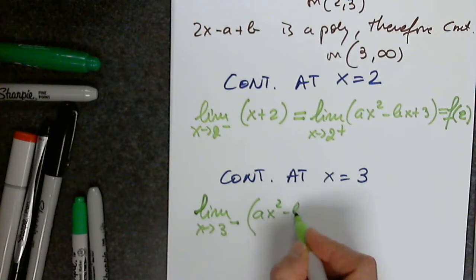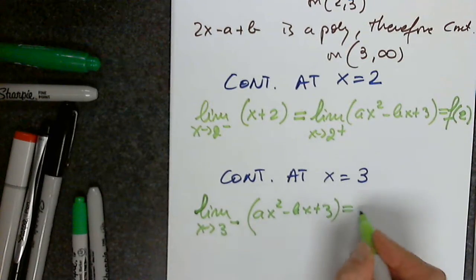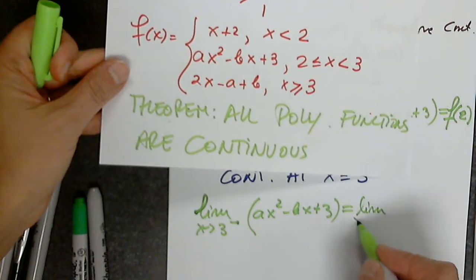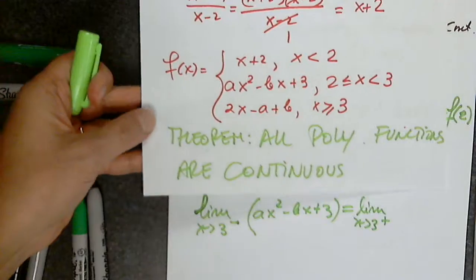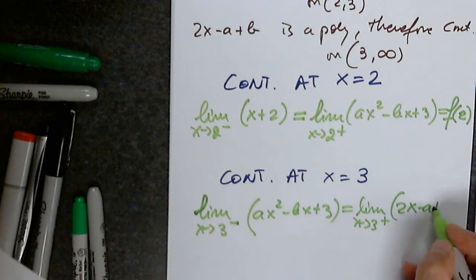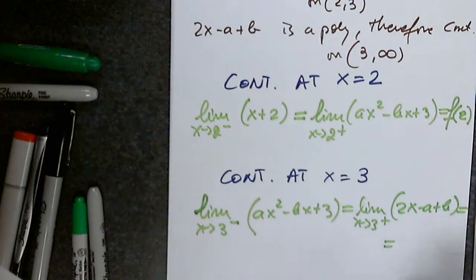Very good. Must definitely equal. Limit, x approaches 3 from the right. From precisely what? 2x. And must definitely equal.